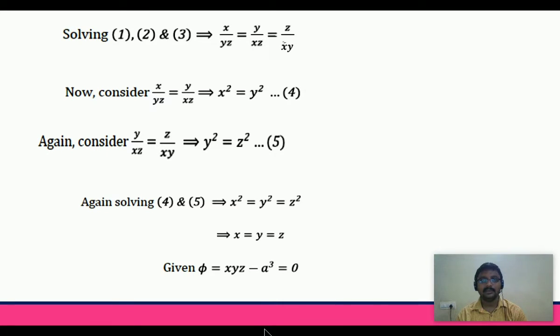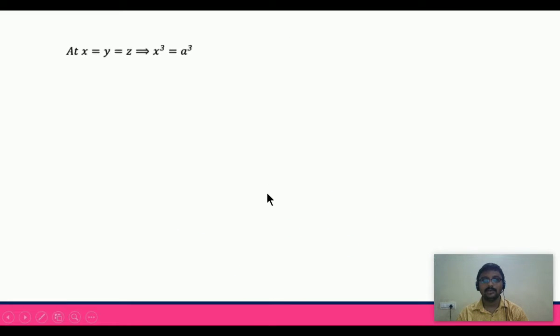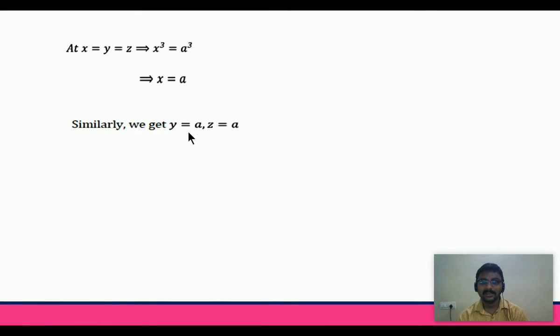Replacing y with x and z also with x because all three x, y, z are equal, we will have x³ minus a³ is 0, which implies that x³ equal to a³, which implies x equal to a. Since x equal to y equal to z, we will have y is also a and z is also a.